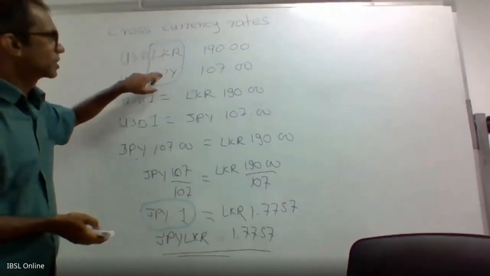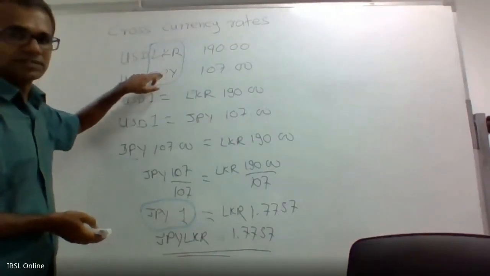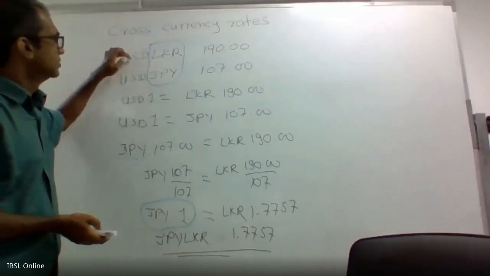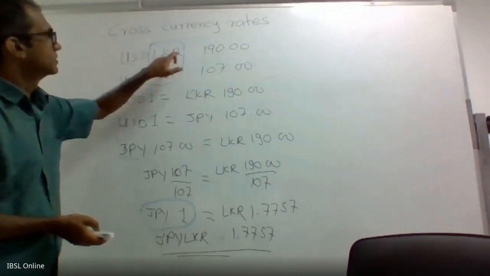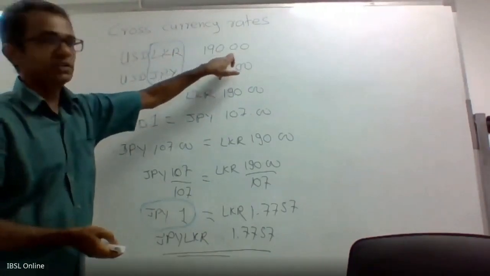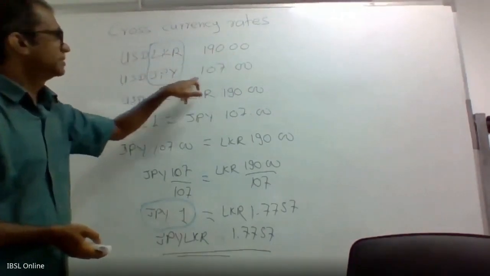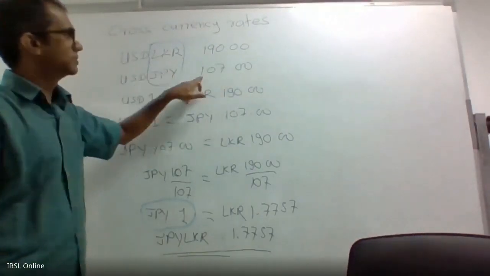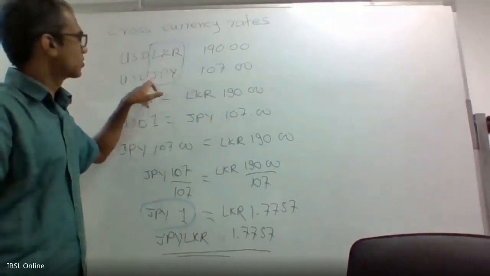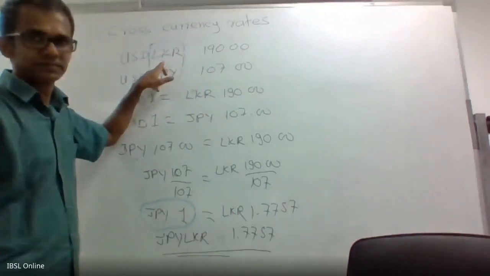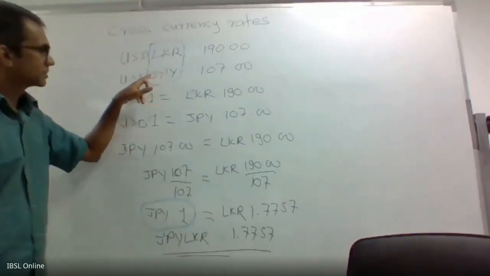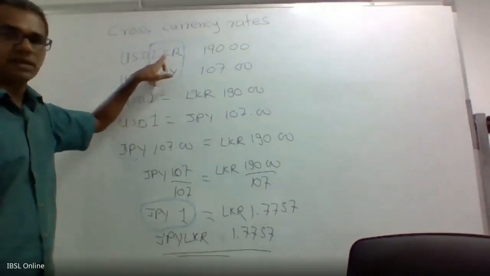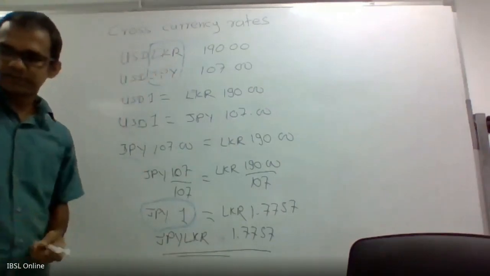How do you find the stronger currency? What is more valued against dollar? Against dollar, we have to pay 190 rupees. Against yen, it's only 107 yen against dollar. So yen is stronger than rupee. Therefore, we consider yen as the base currency, rupee as the counter currency.